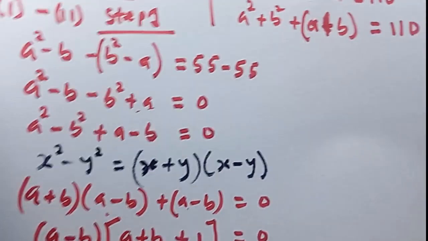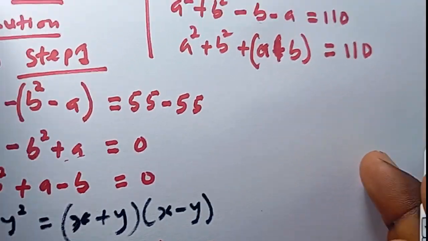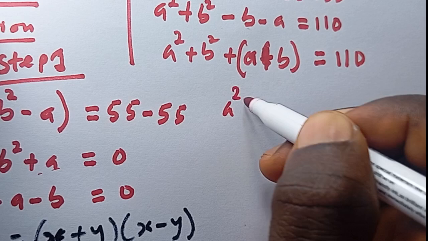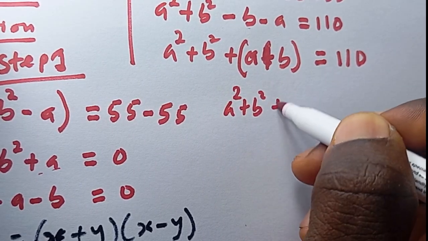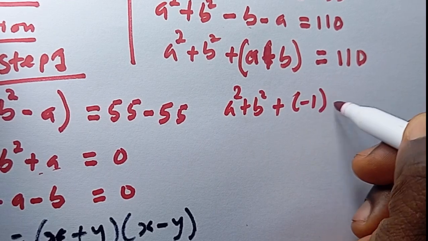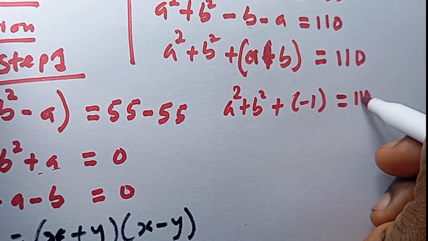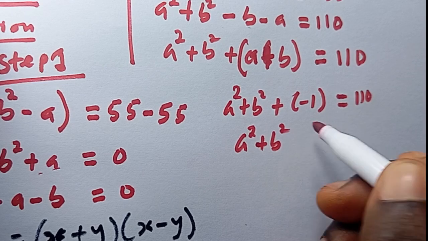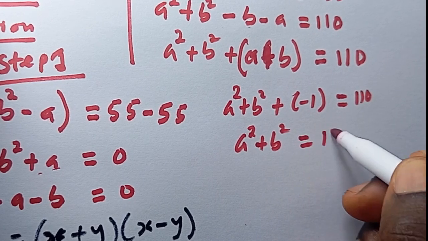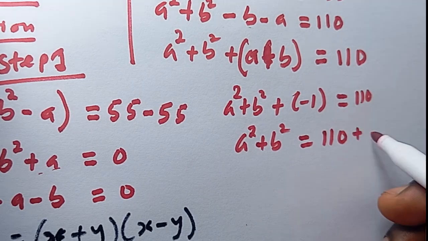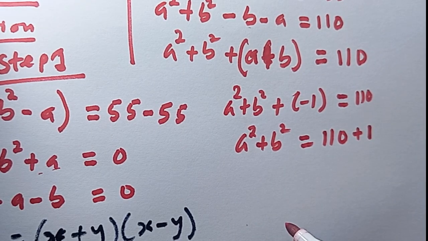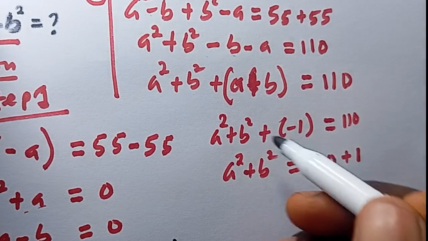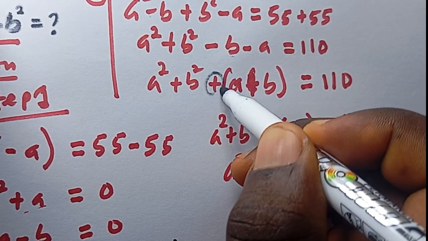So if we come back to this place, I'm going to replace this a plus b with minus 1, so that a squared plus b squared will now be equal to 110, and then plus 1.